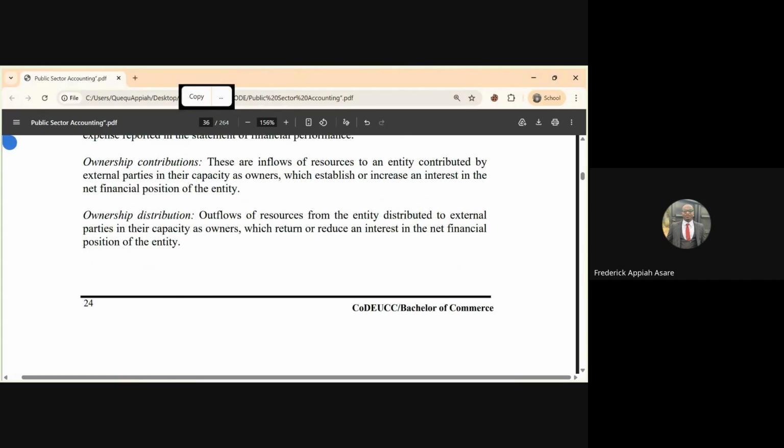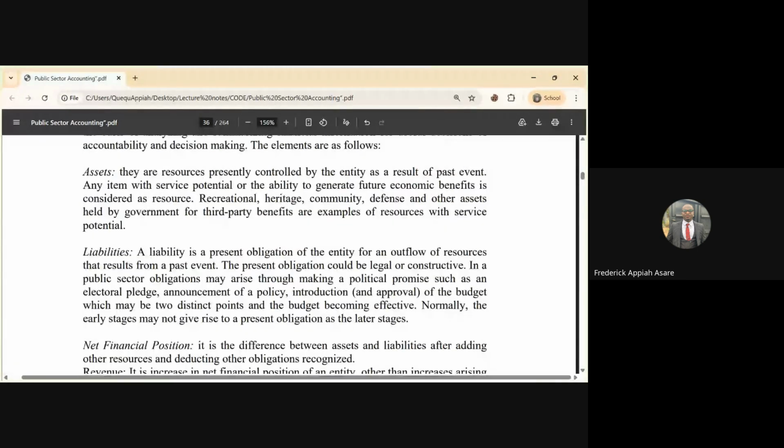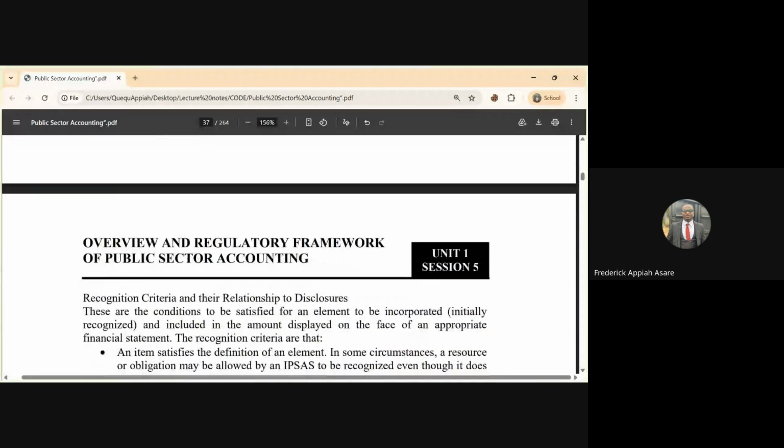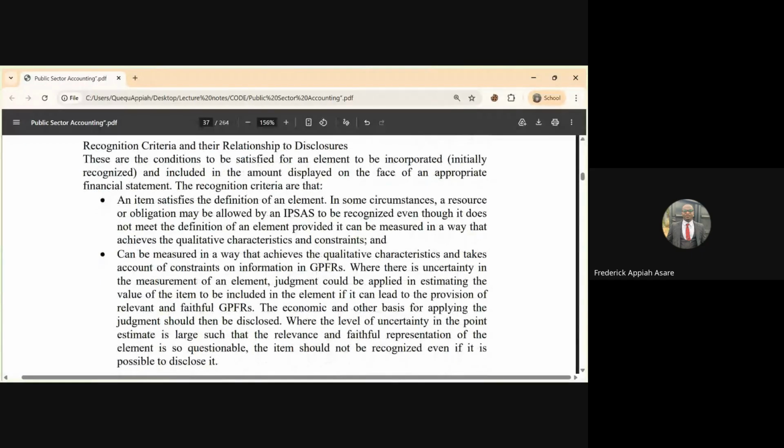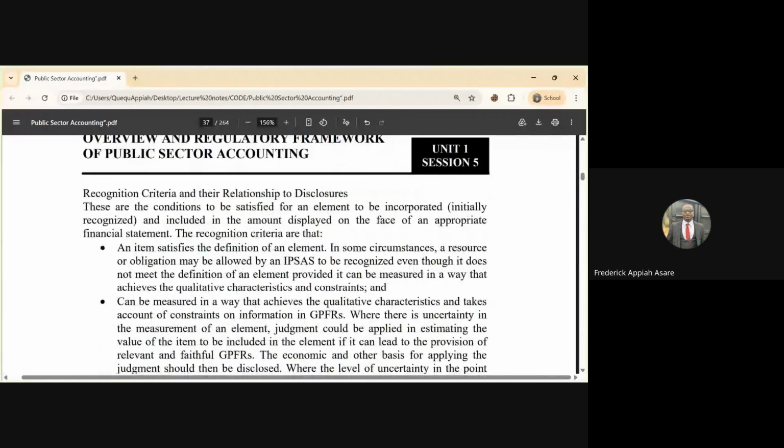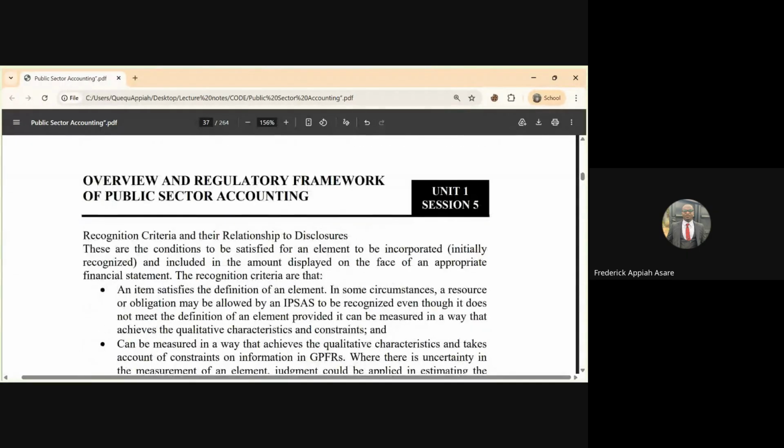Then ownership distribution is where the organization decides to pay out or distribute money to the external parties in their capacity as owners. So these are all key elements of the financial statements. These are all key financial elements of the annual report on the financial statement.